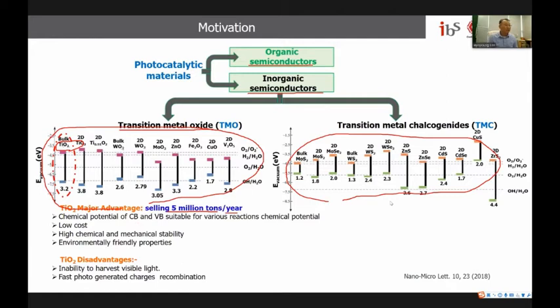The advantages are low cost, high chemical stability, and being environmentally friendly. But there are some disadvantages. The main disadvantage is that it does not harvest visible light, which we could use inside buildings. Those are the cons and the pros.